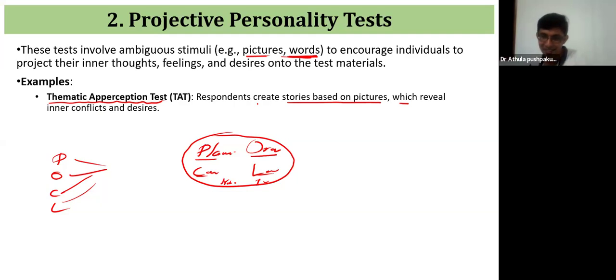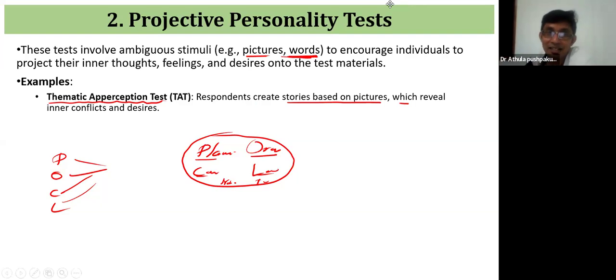No need to think too advanced, but this is also one of the testing methods. It is highly used to identify new conceptual models and new theories for the world. This thematic approach is very important, one of the approaches.